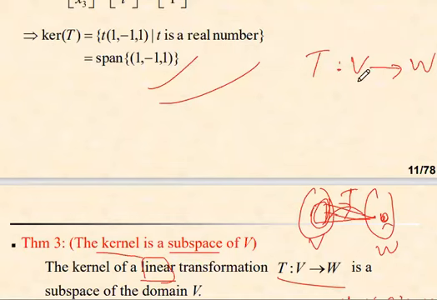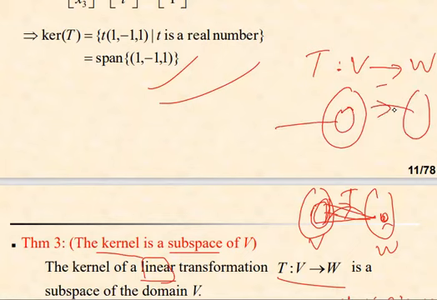The kernel is a subspace of V. This is the map T. So we showed that this is a subspace of V.